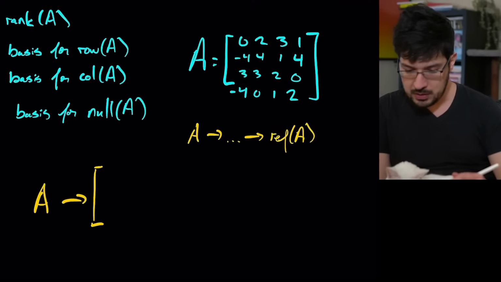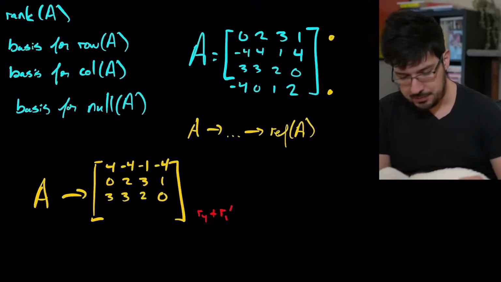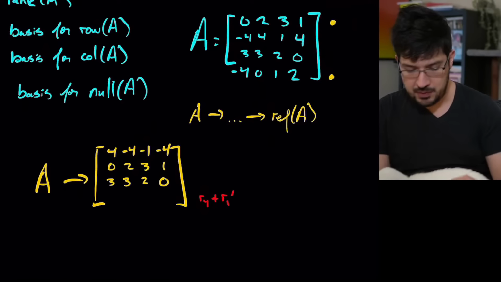So I'm doing two steps at once, but that's okay in this problem. And then 3, 3, 2, 0. Then I'm going to add row 4 plus row 1 prime, so row 1 prime being 4, -4, -1, -4, added to the fourth row of the original matrix A.